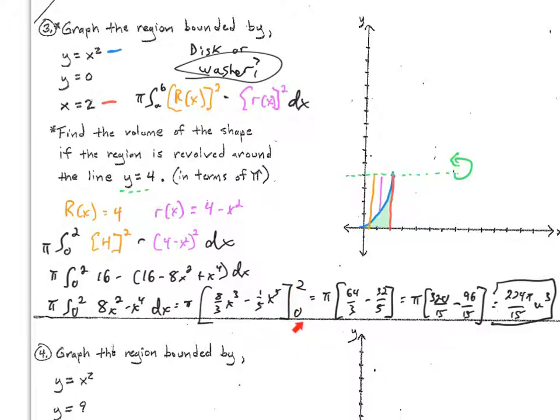Now we can get away with ignoring that 0 because it's going to make the entire lower limit drop to 0. Had to do that check. So 64 thirds minus 32 fifths, common denominator, and 224 over 15.